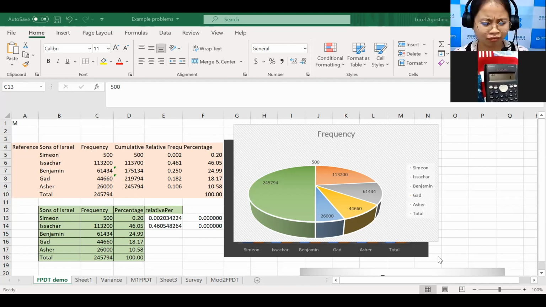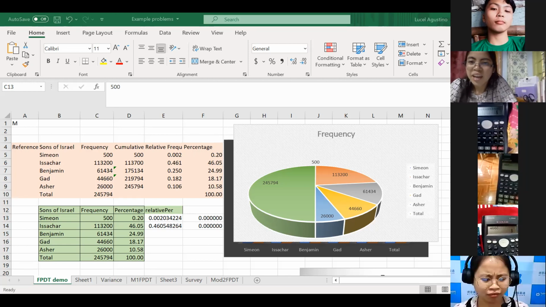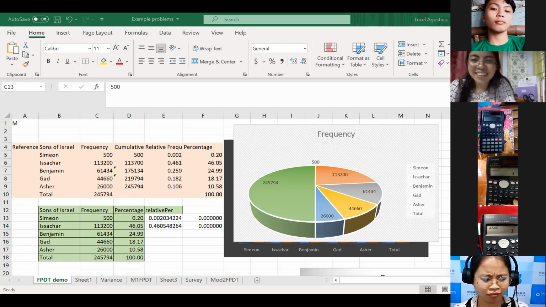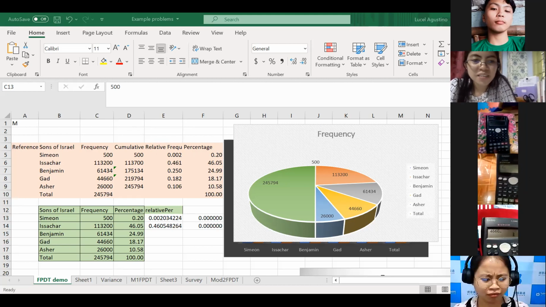44660. Nalate ako, no? Nag-5 ako. Ay, parehas ka calculator ba? Ako lang ang iba. And then 26000, M plus.